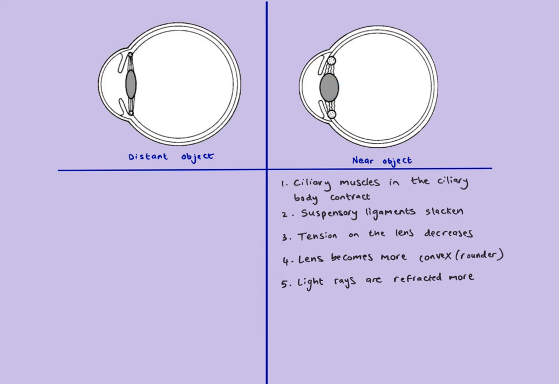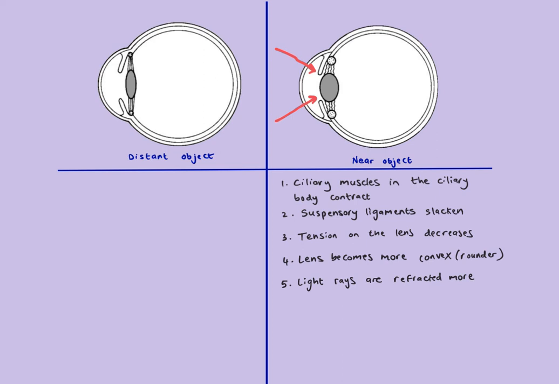Whereas if you're looking at an object that's far away, if someone is standing far away from you, by the time the light rays from their head reach your eye and the light rays from their feet reach your eye, they're not as steep. They're coming in at a much lesser angle. So if I just draw it in coming in here, from a close object, the light rays can look quite steep flying in there.